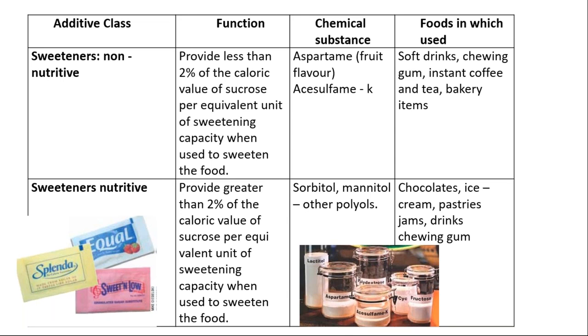These include the synthetic sweeteners, and now you will find them in all the sugar-free products, ranging from bakery products to soft drinks to jams, jellies, etc. And then you have the nutritive sweeteners such as sorbitol, mannitol. You can find these again in chocolates, ice cream, chewing gum, drinks, etc. Each one of these has its advantages and disadvantages.